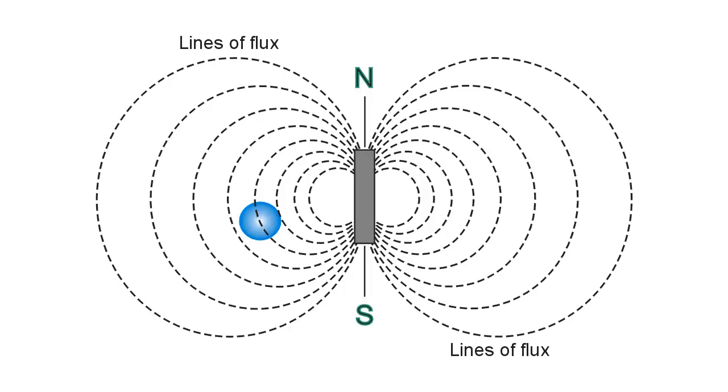How do we get a superconductor? Well, we can chill a piece of metal very, very near down to absolute zero, near minus 273 degrees Celsius or minus 459 degrees Fahrenheit, as cold as we can get it, as close as we can get it to that absolute zero point.